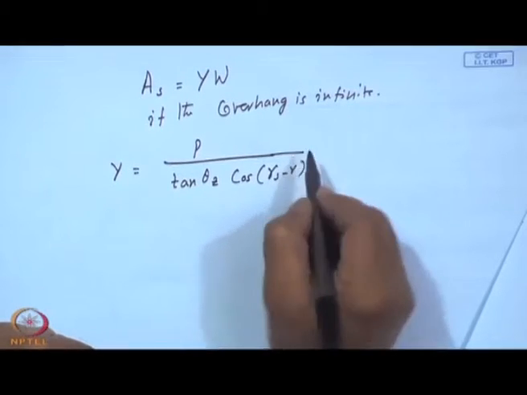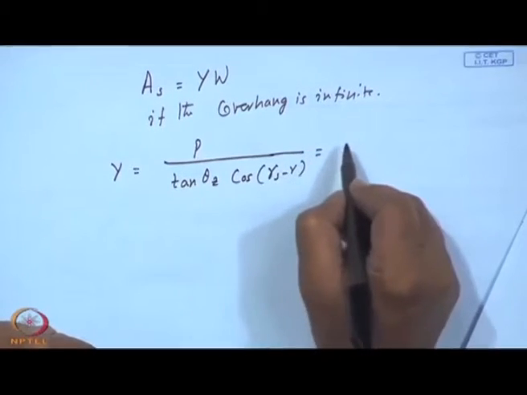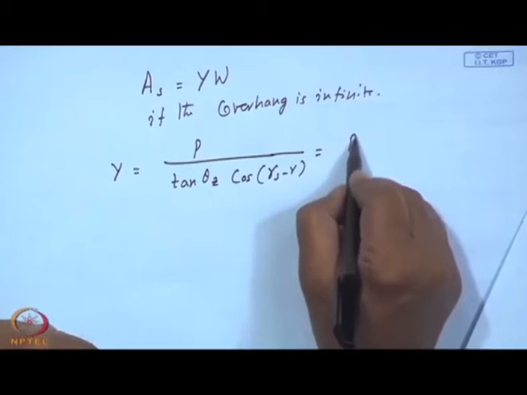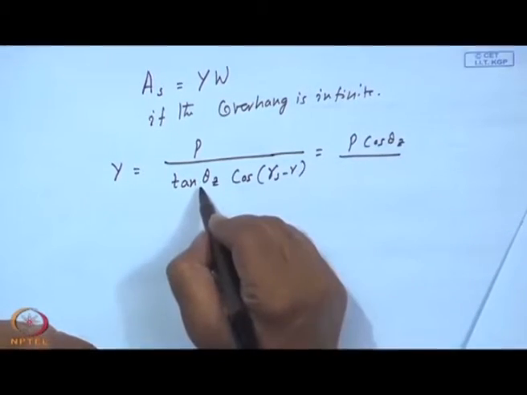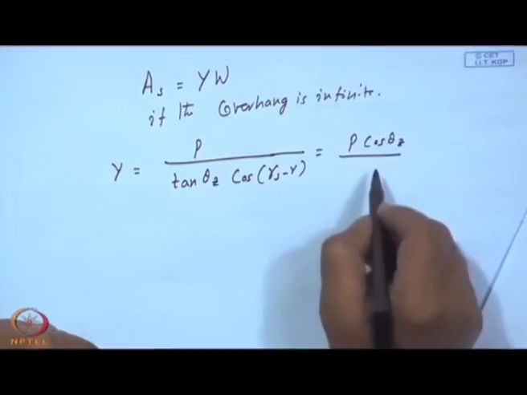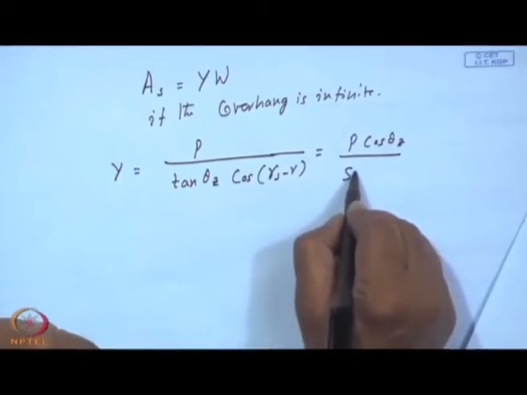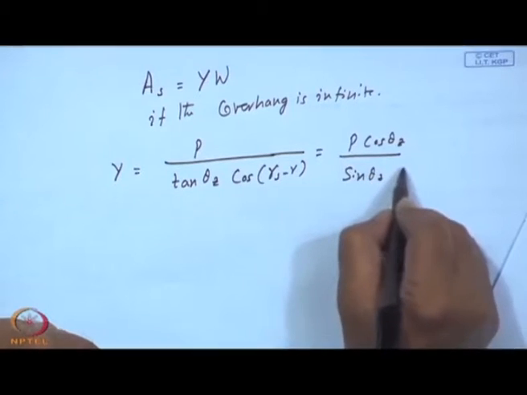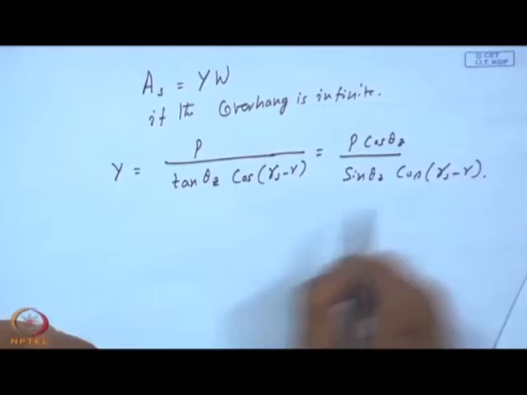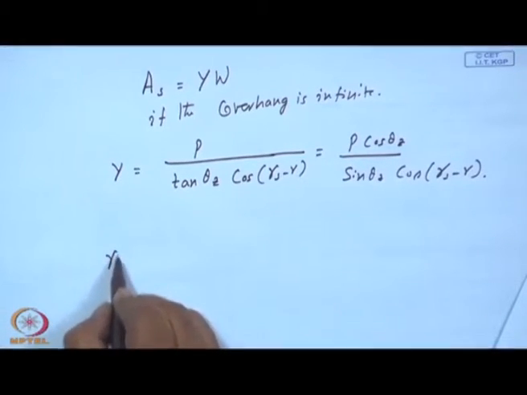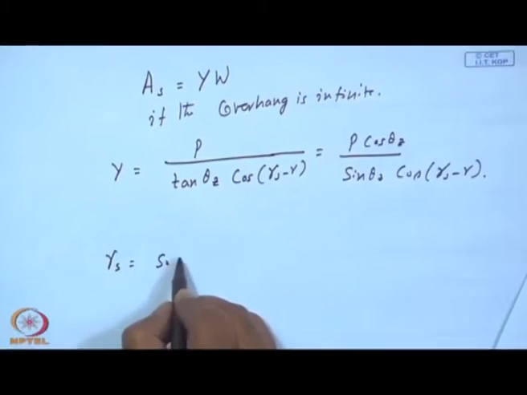I shall explain, which you can easily figure out from the trigonometry: P cos theta_z, because this is sin theta_z by cos theta_z, it goes up. So this is your sin theta_z into cos(gamma_s minus gamma), where gamma_s is the solar azimuthal angle.